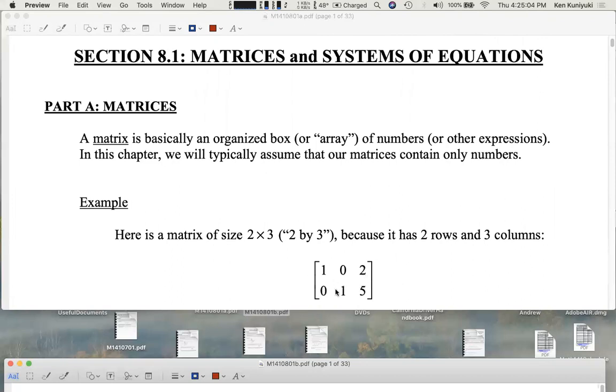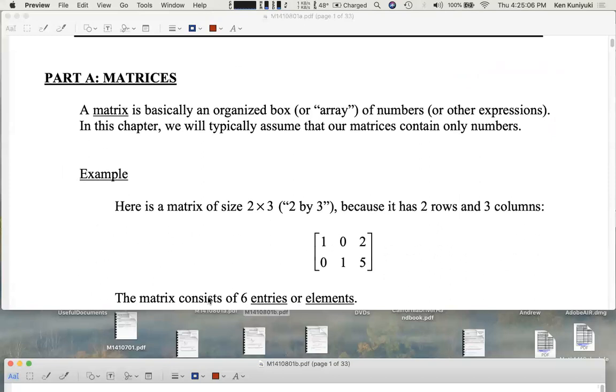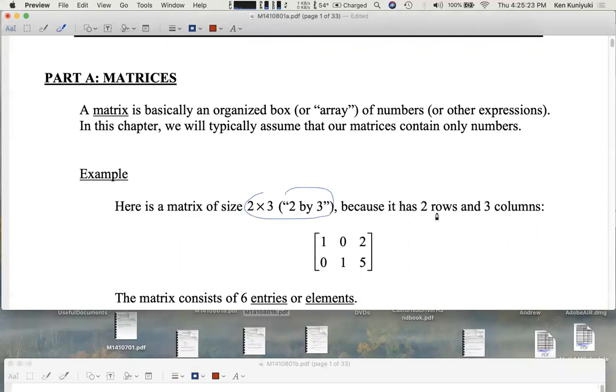These entries are also called elements. This particular matrix consists of 6 entries or elements. You see here that this matrix has 2 rows and 3 columns. So we say that this matrix has size 2 by 3 because it has 2 rows and 3 columns.